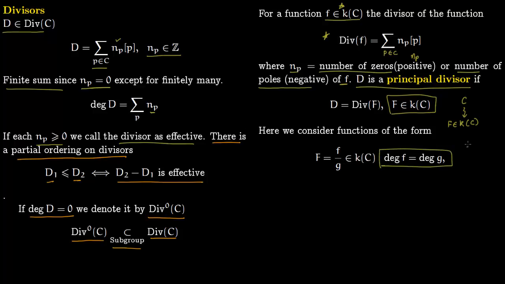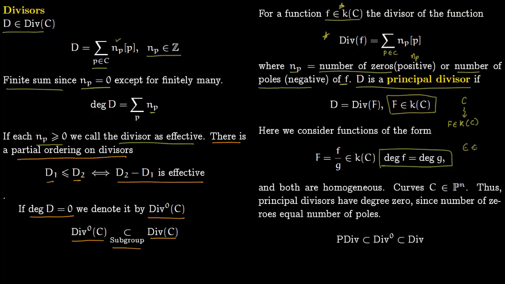Why is this? Because our curve is embedded in the space Pn. Since it is embedded in Pn, both of these polynomials f and g are homogeneous and have the same degree. In projective space you deal with homogeneous polynomials, so if you take fractions, they should have the same degree.